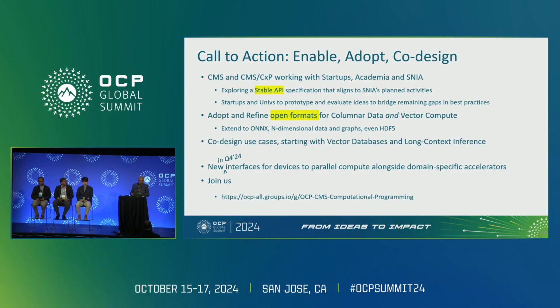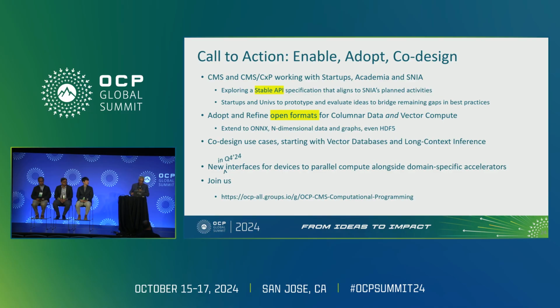We are looking to adopt and refine open formats such as Apache Arrow so that we can build upon the work of the open source community and open formats community. We are looking to enable these co-design use cases for the long term, so people like ASIC designers and high-level framework designers like Ray, CUDA, PyTorch, they can have a stable interface to work with hardware designers at the bottom.